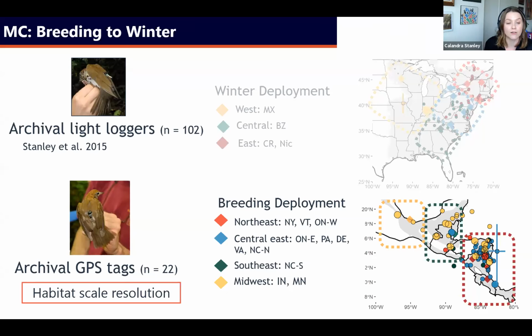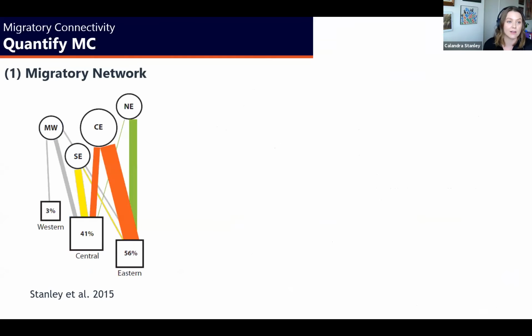And so we can quantify the degree of migratory connectivity, like Ellie discussed. We took 2 approaches to calculating migratory connectivity. With light level geolocators, we developed a migratory network that estimated the proportion of the global wood thrush population and how it moved between different breeding regions and wintering regions.